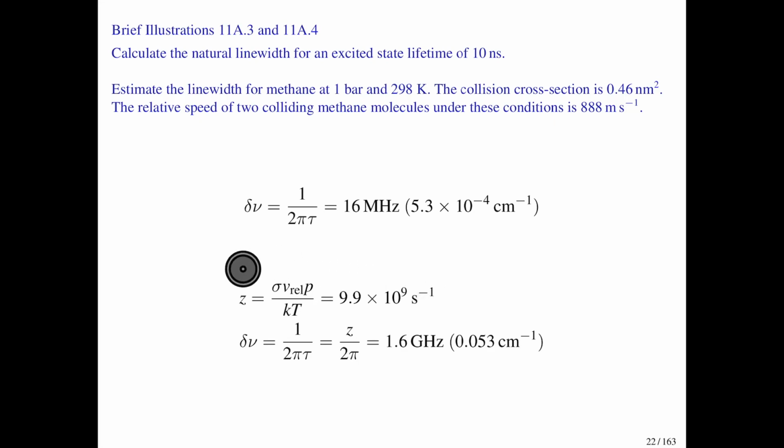And then you take the reciprocal of that collision frequency, that gives you the lifetime due to pressure broadening. So substituting 1 over z for tau gives us z over 2 pi. And we find that the line width is about 1.6 gigahertz in this case, which is several orders of magnitude larger than the natural line width for a state with a lifetime of 10 nanoseconds.